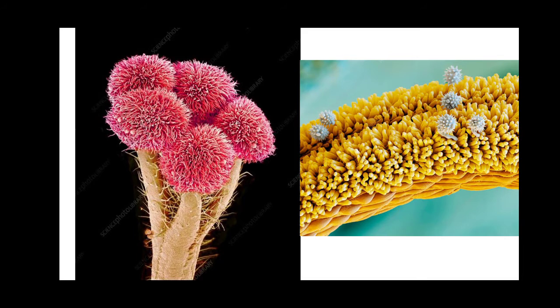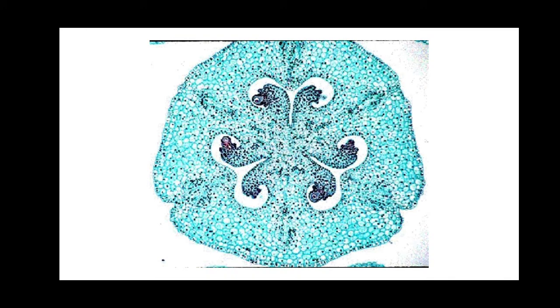Now, talking about the interior part, this structure is the cross section of the ovary, where we can see the main reproductive cells present. You can see this structure here.